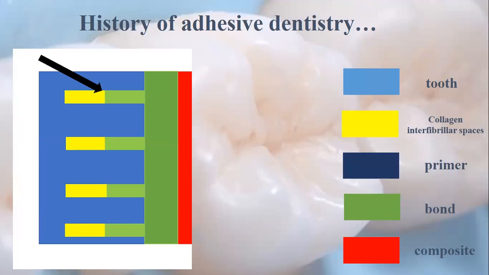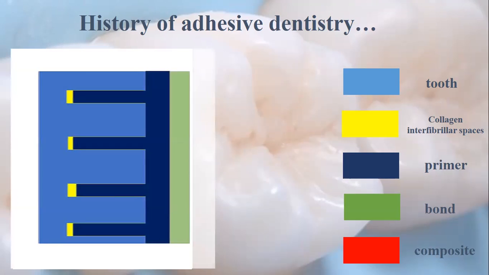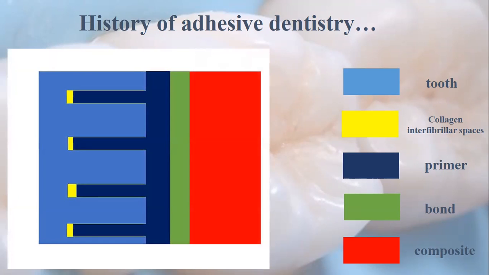So they decided to introduce another material which can form a bridge between the hydrophilic dentine and the hydrophobic resin, which was called the primer. So the primer basically functions to bridge the gap between the dentine or the enamel tooth structure and then the resin. So this helps in occupying the space between the tooth and the restorative material.